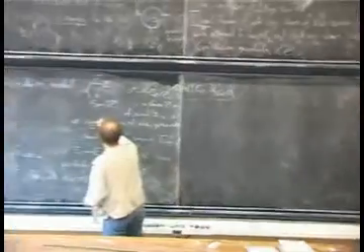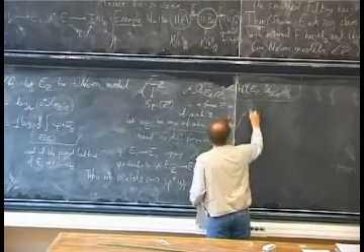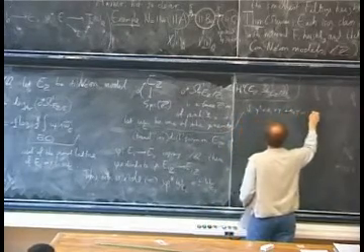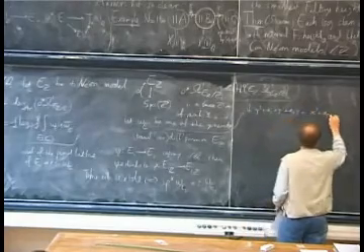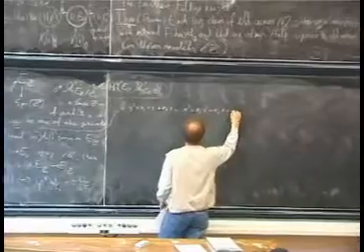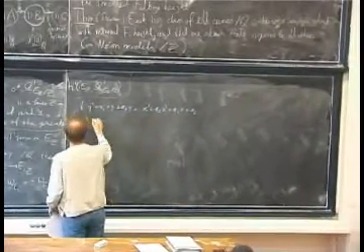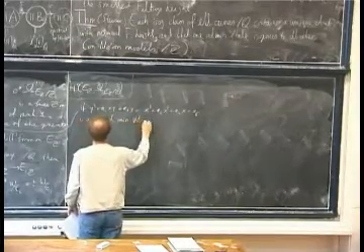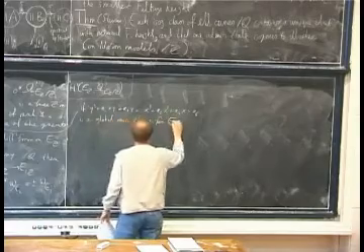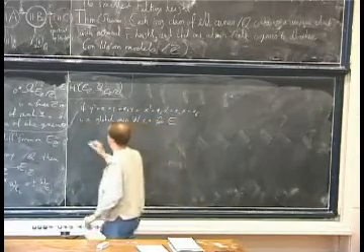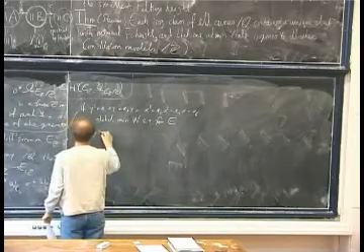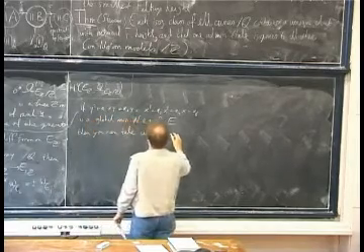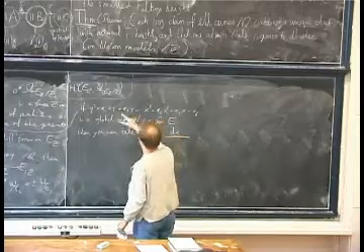If y squared plus a1xy plus a3y equals x cubed plus a2x squared plus a4x plus a6 is a global minimal Weierstrass equation for E, for your elliptic curve, then you can take omega E to be dx over the derivative with respect to y.